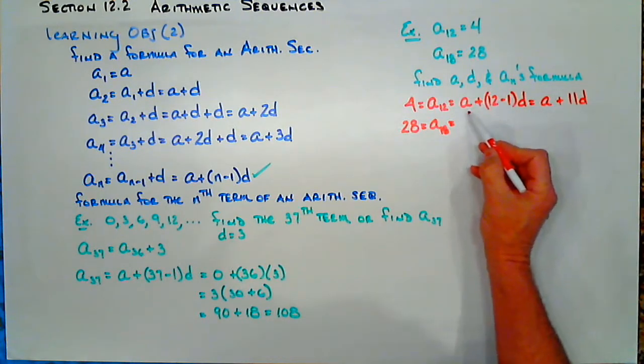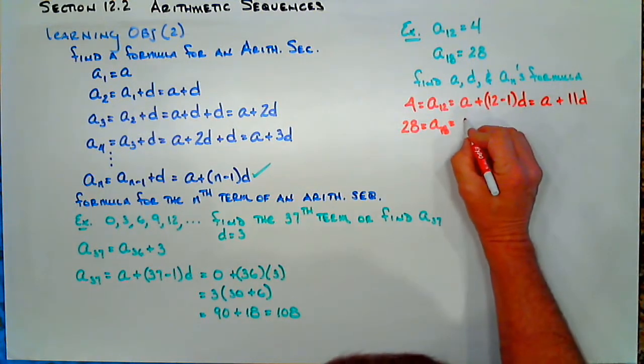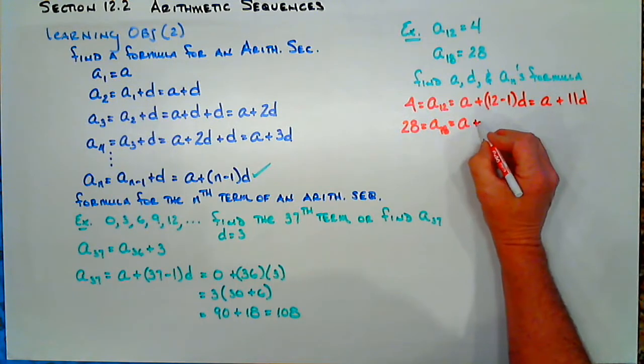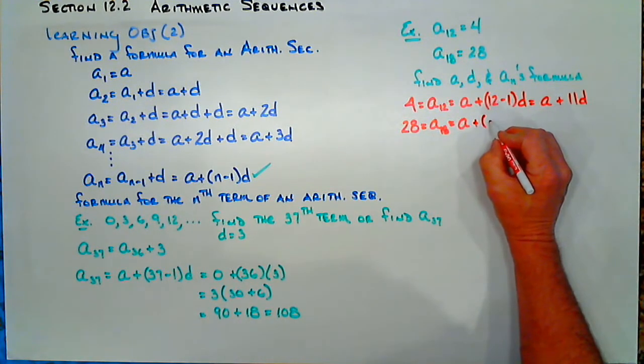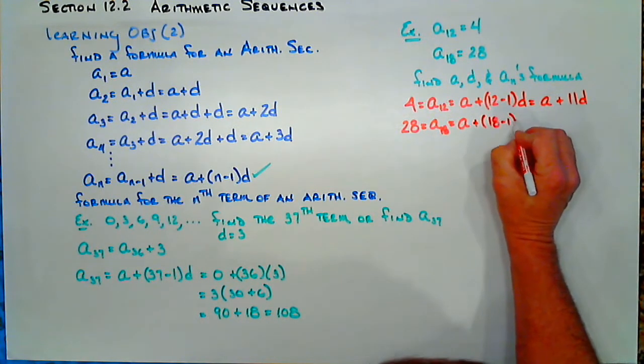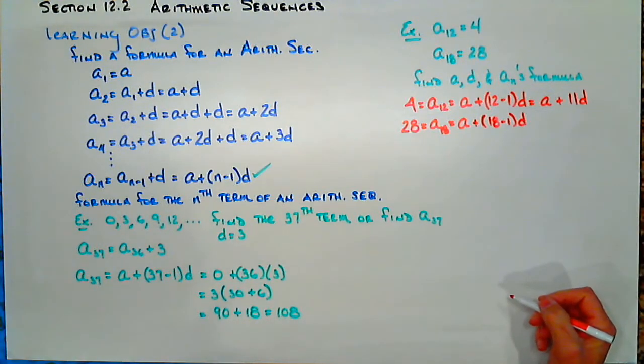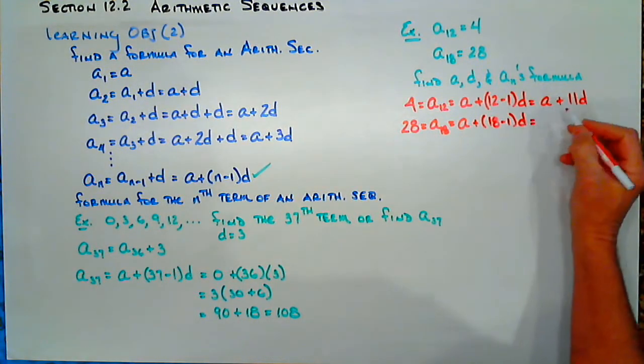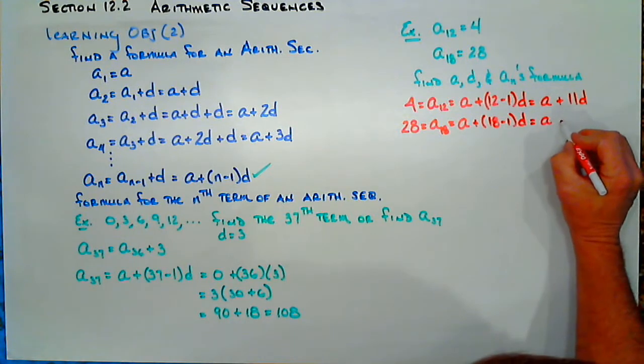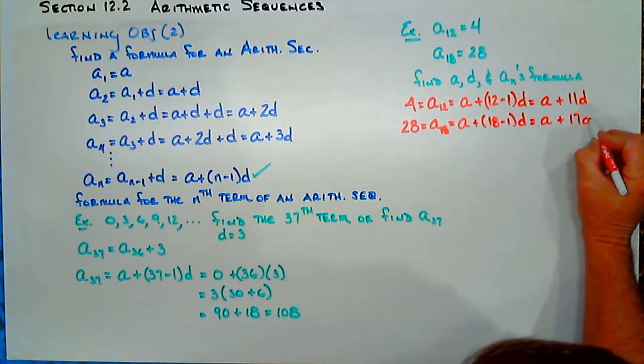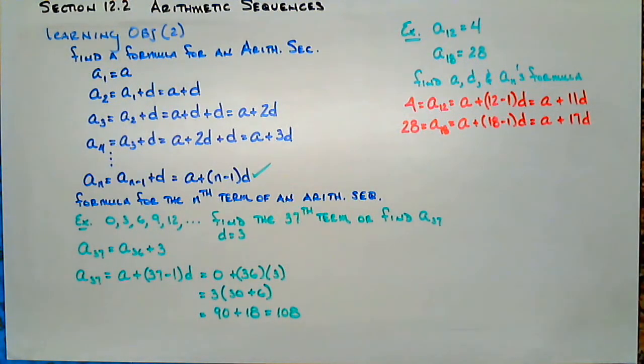I don't know how to write it in this format, but I do know it's my first term plus 18 minus 1 times d. Now, if we simplify that, that turns out to be a plus 17d's.